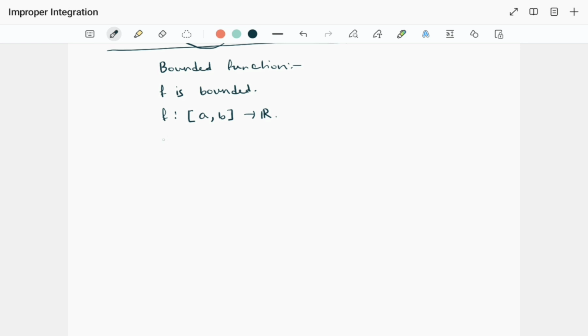So there should be a small m less than or equal to a capital M, such that m ≤ f(x) ≤ M for all x belonging to [a, b]. This indicates the values of the function lie between two numbers.